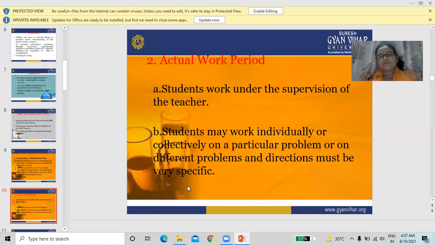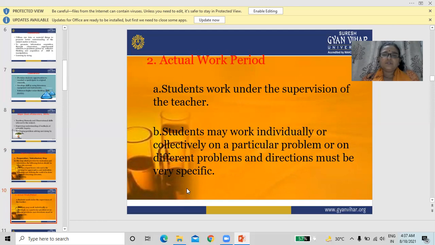Students work under the supervision of the teacher. It means students work under the microscope of the teacher.